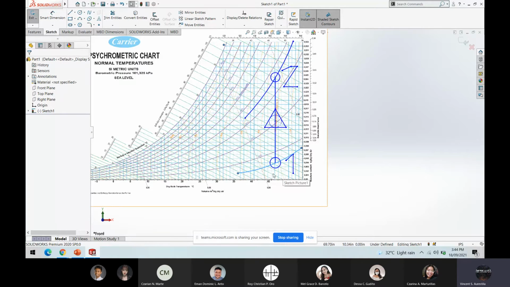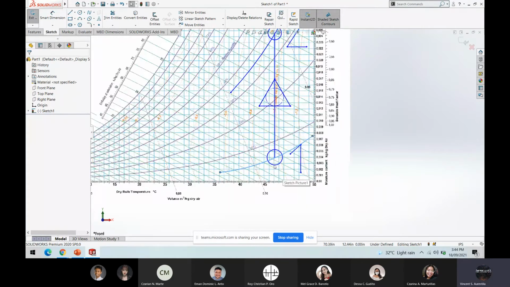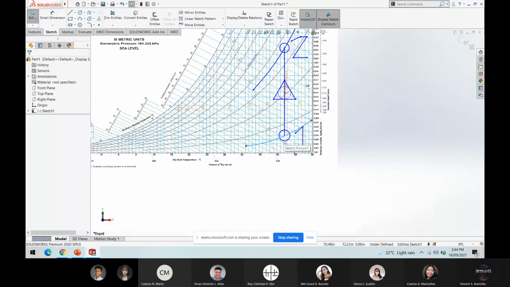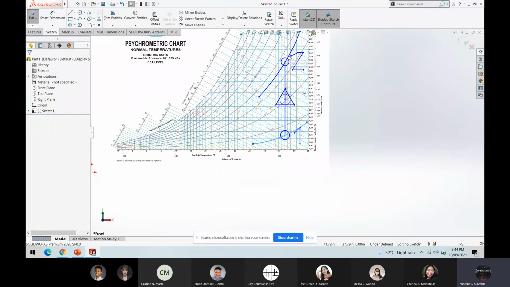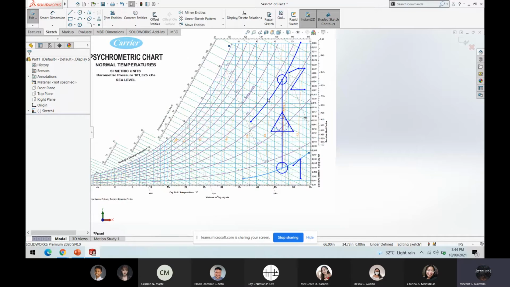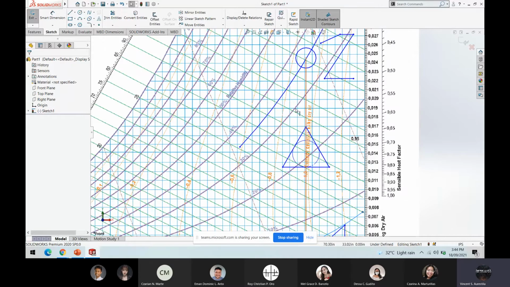Upon reading the psychrometric chart, we can see that the relative humidity at state 1 is less than 10%, so let's just assume that it is 6%. And the relative humidity at state 2 is between 30% and 40%, so assume 35%.